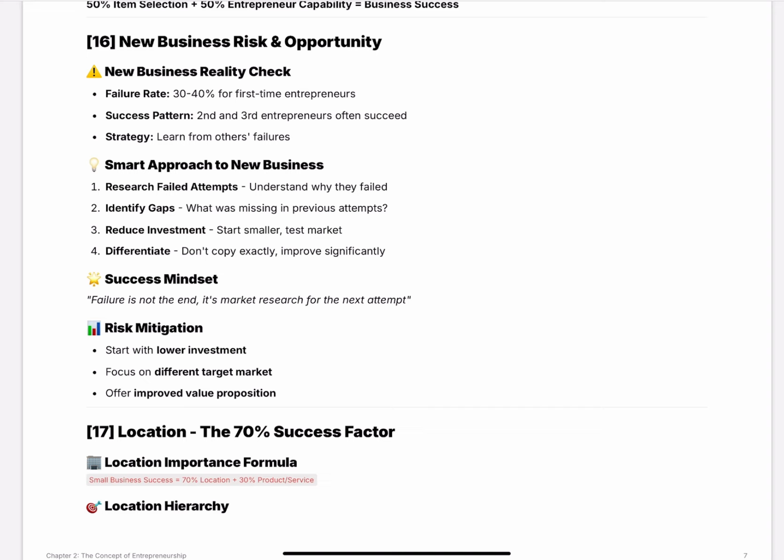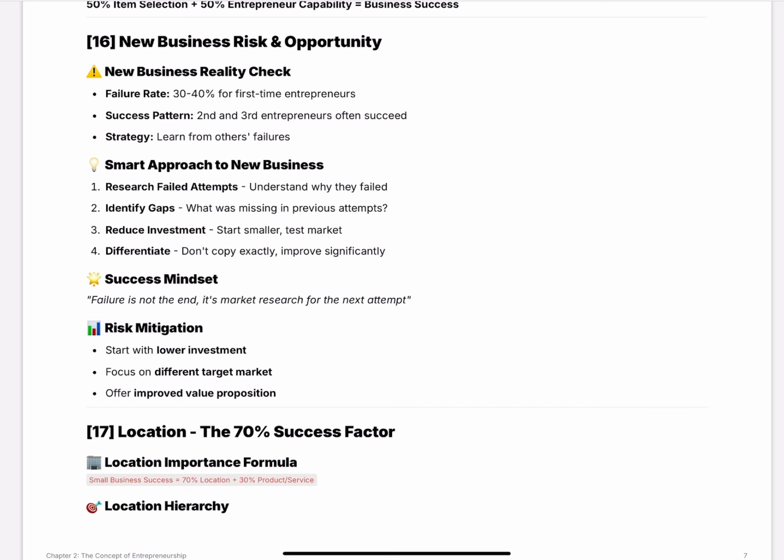What was missing that you could provide? Third, reduce your investment compared to previous attempts. Start smaller, test the market, and scale up only after proving demand. And fourth, don't copy exactly what failed. Improve significantly. Offer a better value proposition. Solve problems that the previous attempts couldn't solve.